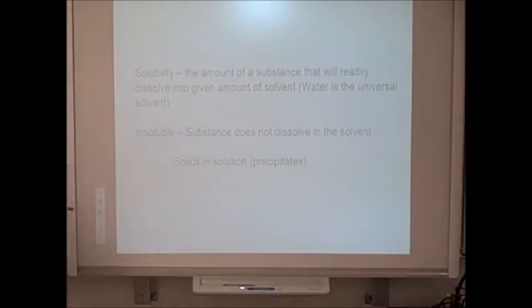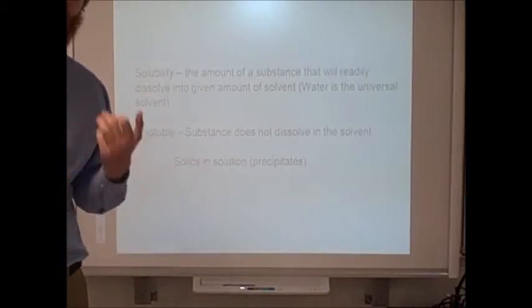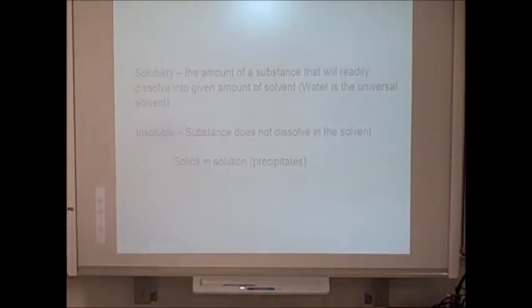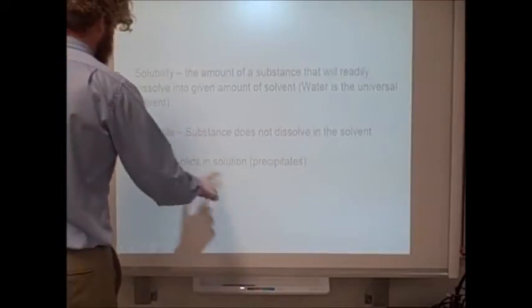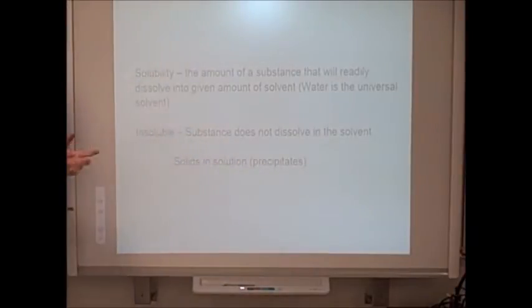So if something's soluble, it dissolves, while if something is insoluble, that substance does not dissolve in the solvent, so it remains solid. And we remember that we call solids in solution precipitates. So really that's what we're going to be looking at today in this video.